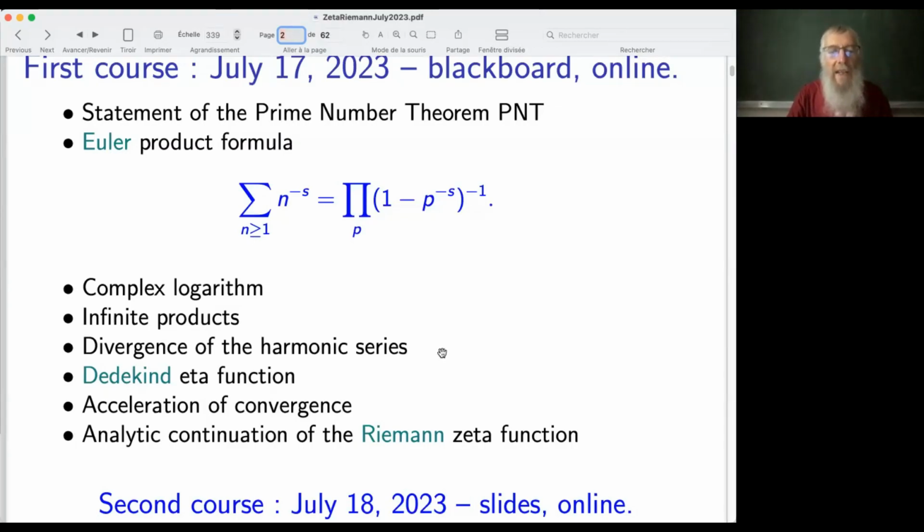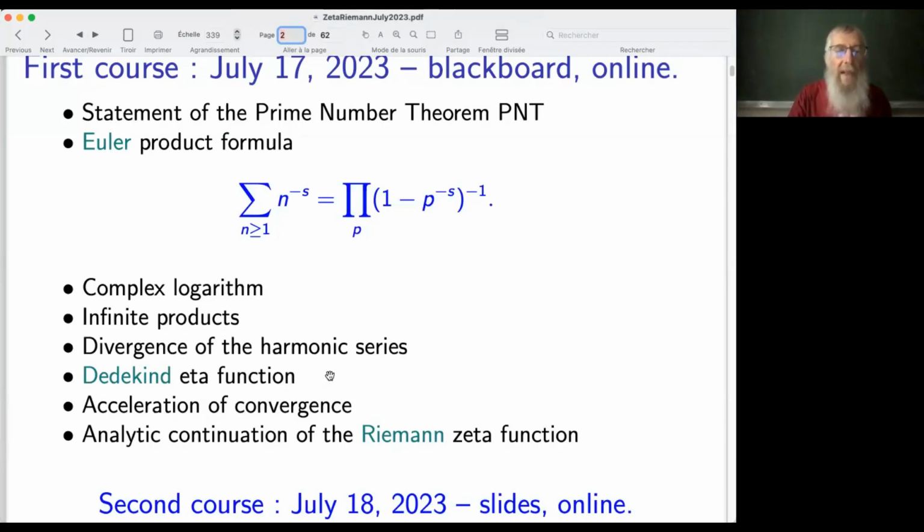The next thing which I did yesterday was to define the Dedekind eta function, which is the same sum, but it is an alternating sum. It is minus 1 to the n, n to the minus s. And this Dedekind eta function is absolutely convergent for the real part of s greater than 1, but it can be extended.